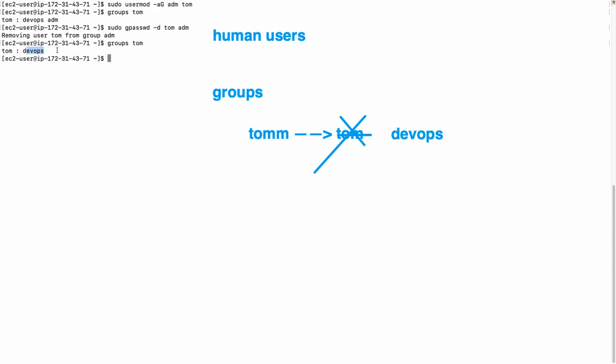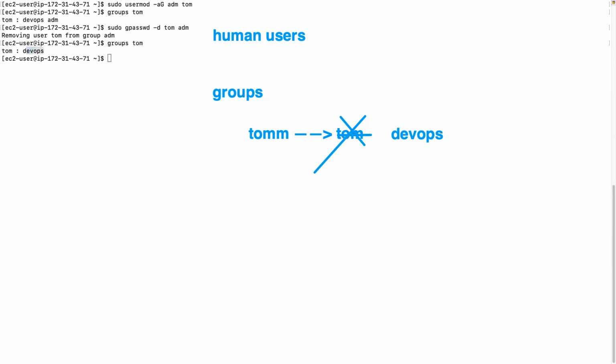See here, he is in only the primary group, DevOps group. Got it? Everyone? Rakesh, understood? Subhash, Sagar, everyone, any difficulty?